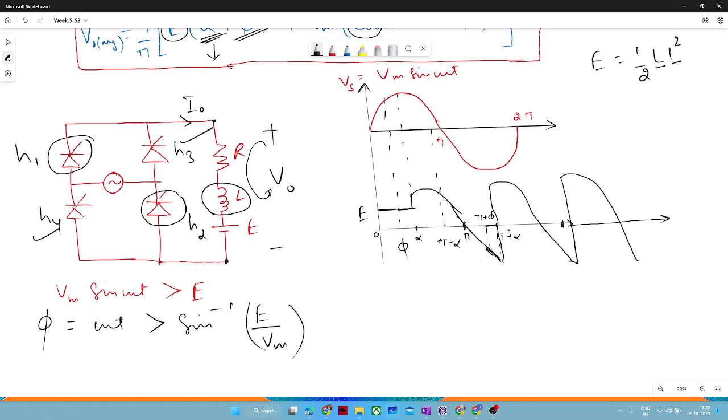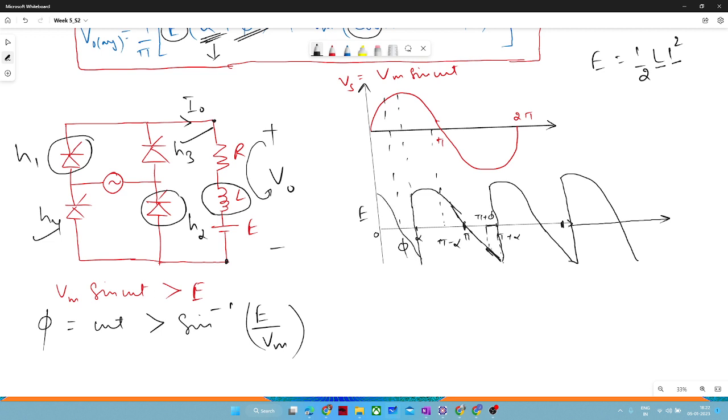Now the question is why I drew this E. Now I can easily eliminate it. I just wanted to confuse you, so that you would say it will be E after pi plus phi or something. But it will be periodic after every pi plus alpha.